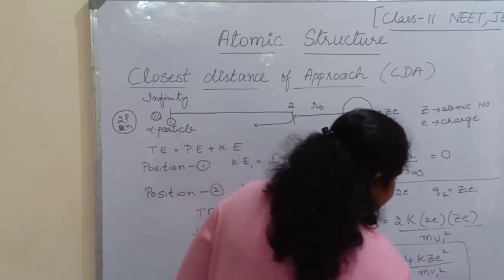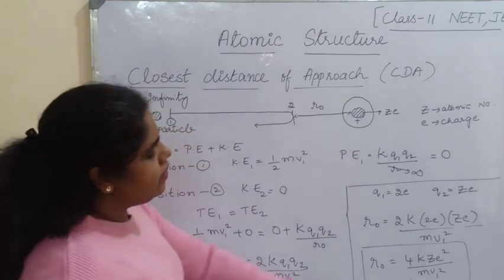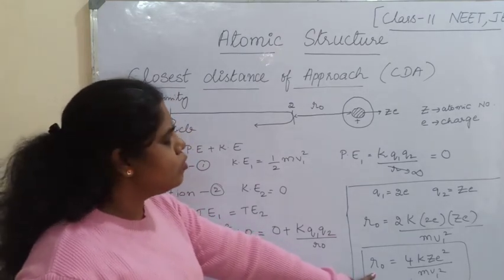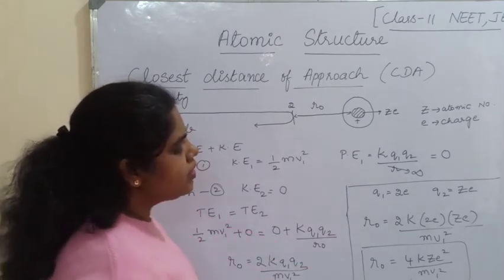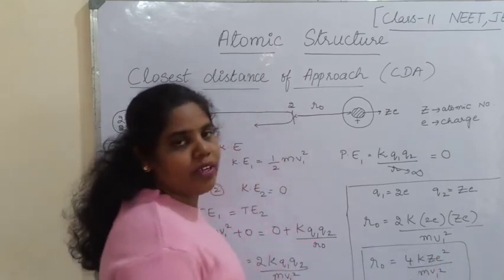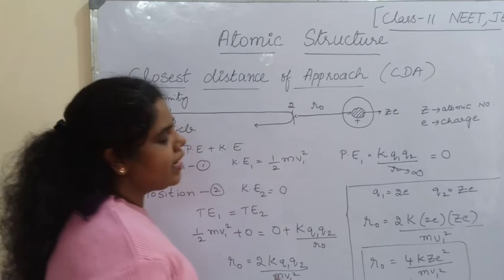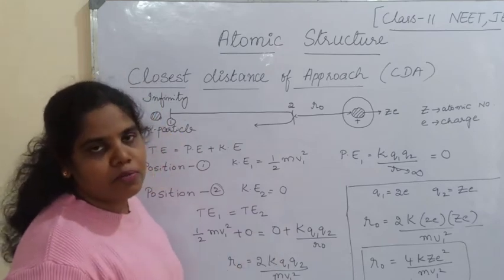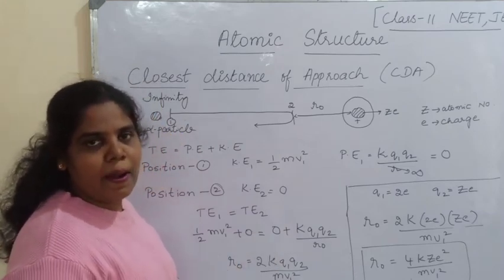So this is the equation of CDA, that is closest distance of approach. R0 is equal to 4 K Z e square by mv1 square. Using this relation we can find out the closest distance of approach of any alpha particle.